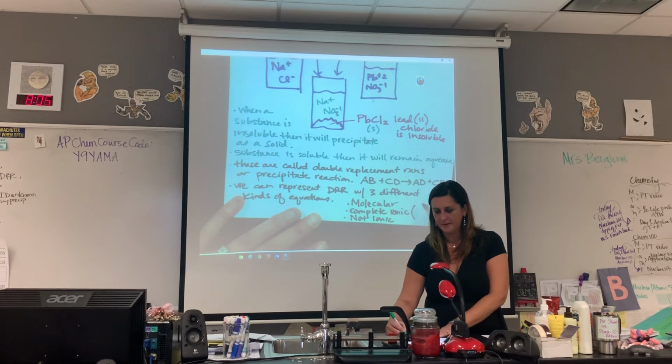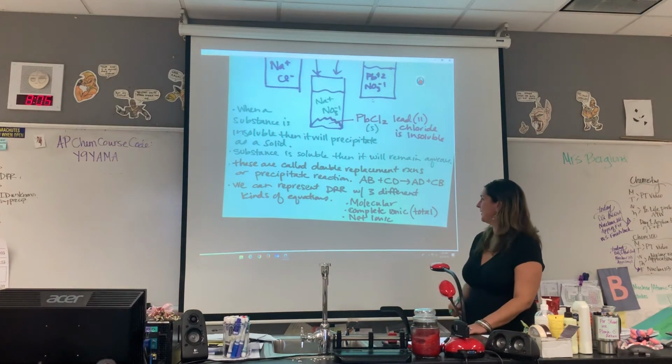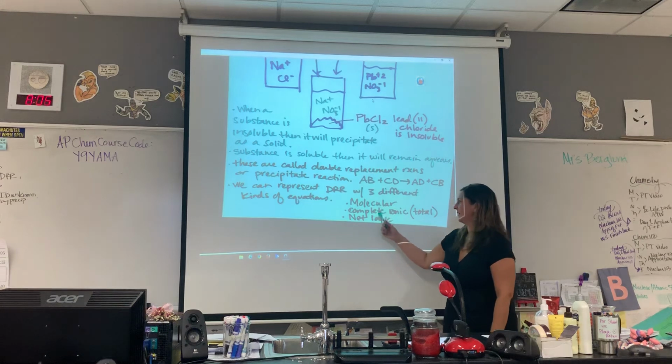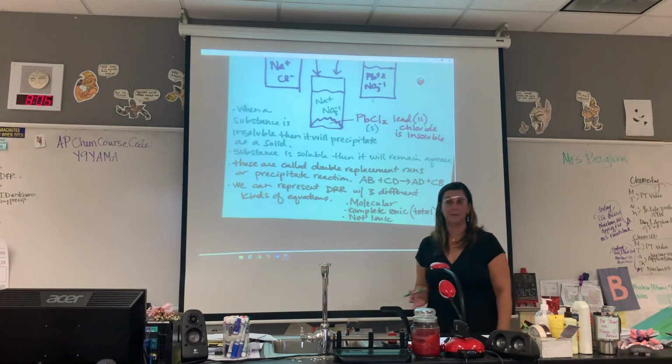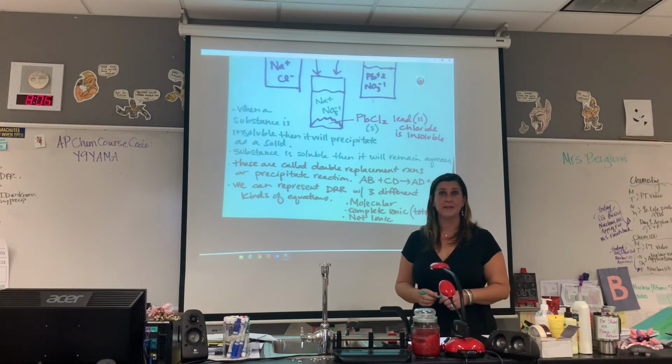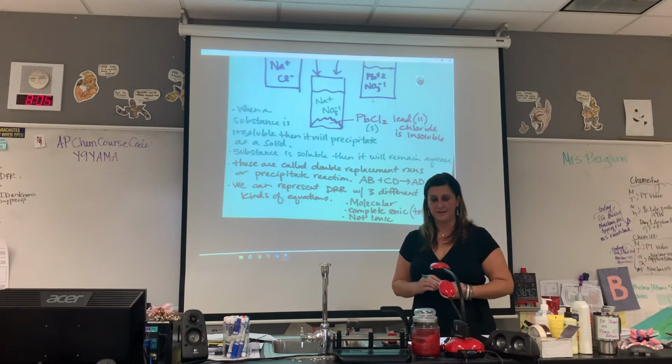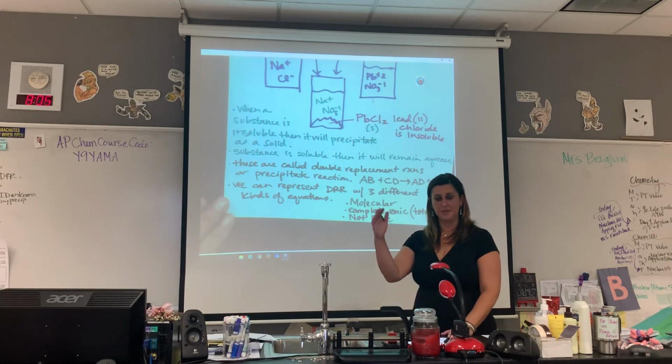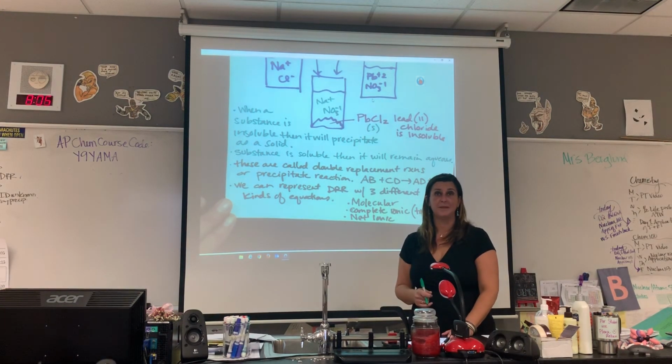You'll also hear complete ionic called total ionic equation. So we have molecular, complete, and net ionic equations that we can represent a double replacement reaction with. And this was part 1, and coming up in part 2, I'll explain each one of those types of reactions.